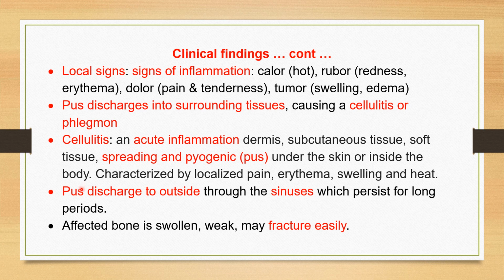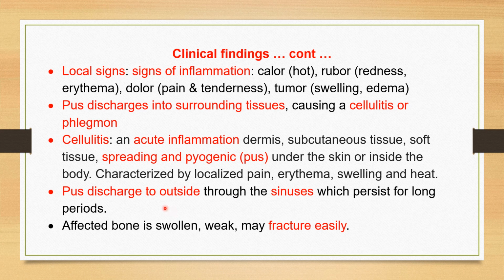There is pus subcutaneously, and it is characterized by severe local pain, a severe erythema. There is severe swelling also, and the affected part is hot. Sometimes on palpation, if there is gas, there is a crepitating sound. On pressure, the part feels puffy.